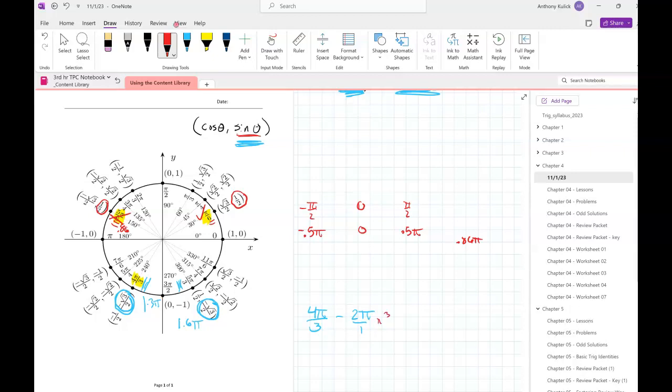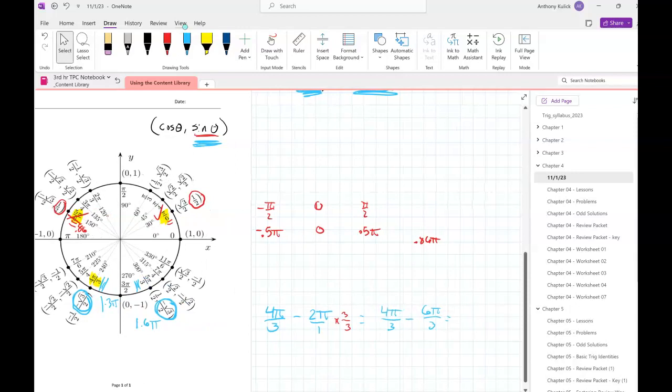So let's multiply the top and bottom of that fraction by 3 over 3. So I have 4 pi over 3 minus 6 pi over 3. When I subtract those two fractions, what do we get? Negative 2 pi over 3. As a decimal, that is negative 0.6 repeating.